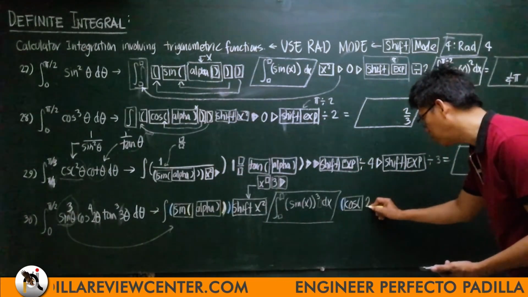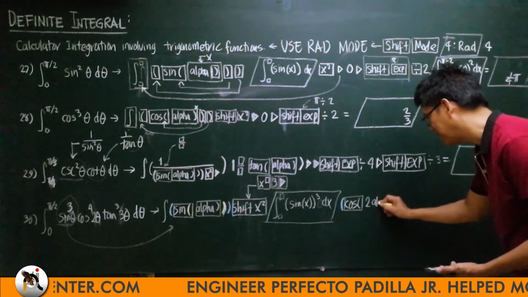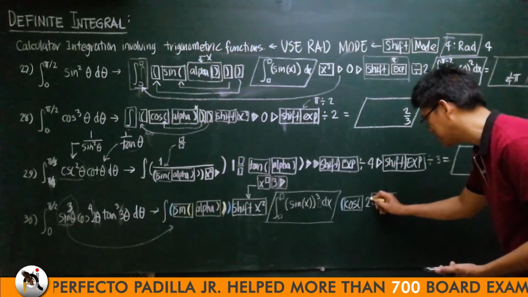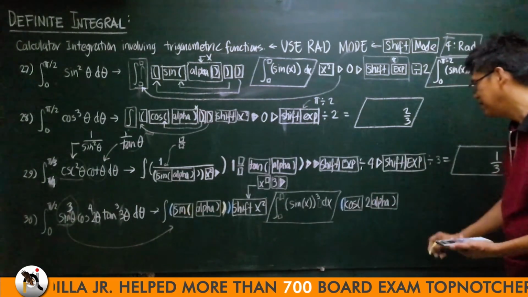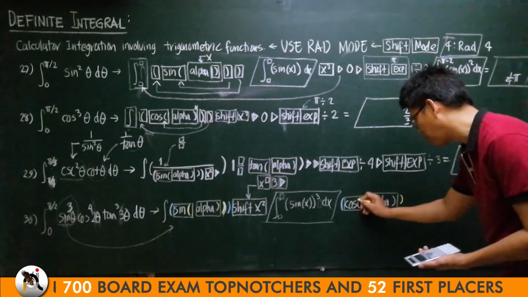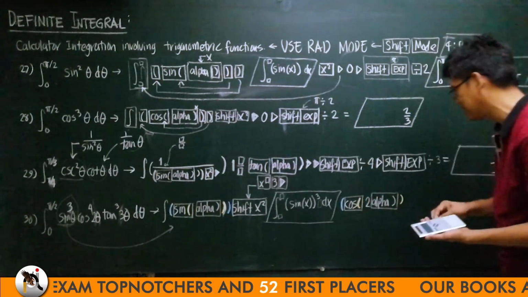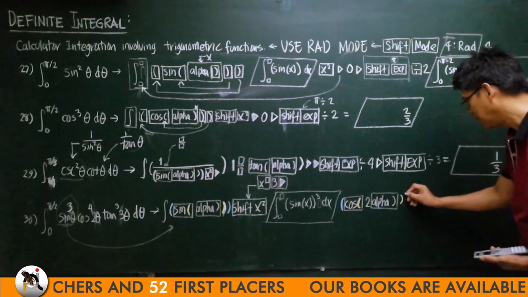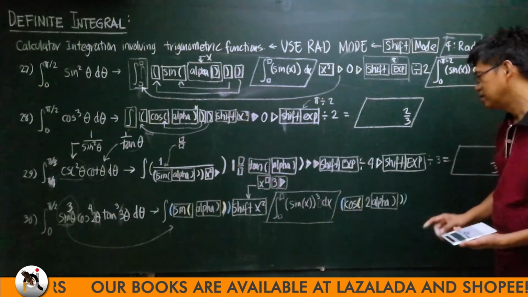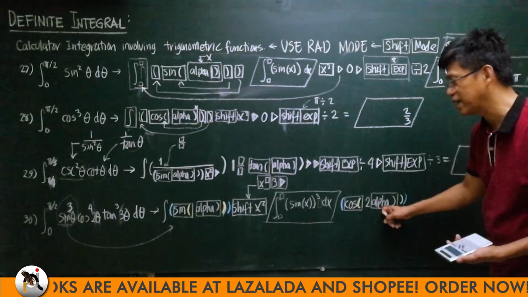So press 2, then alpha x. Alpha close parenthesis. This is the x. Okay? So close the free open parenthesis, then close the open parenthesis that you entered. So we have cosine 2x.